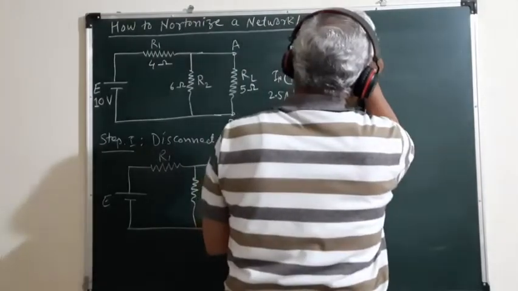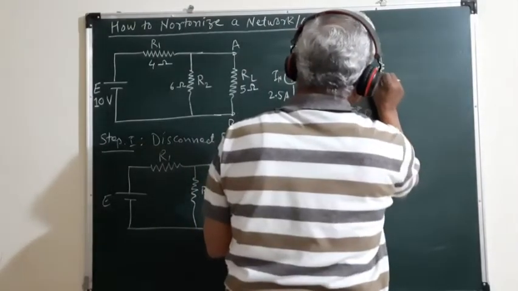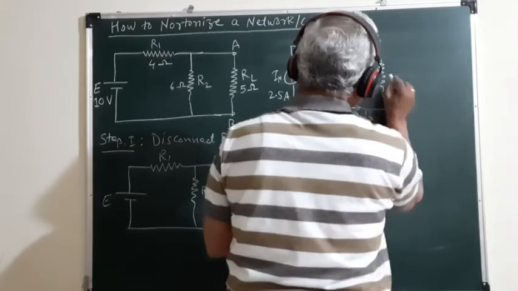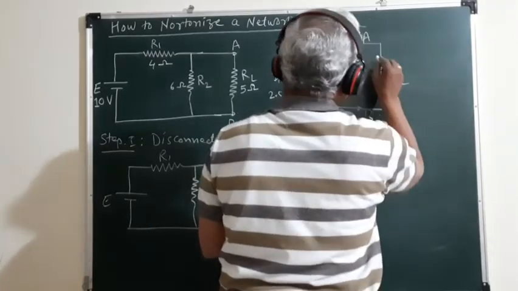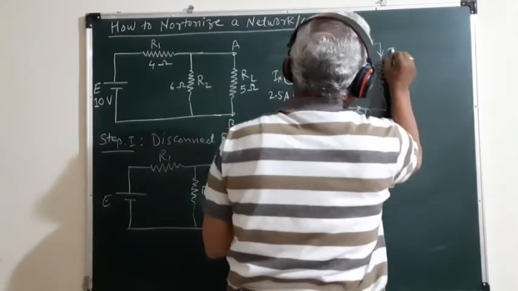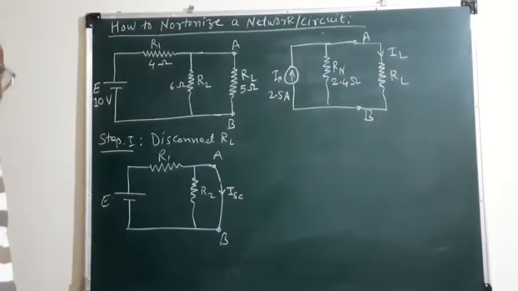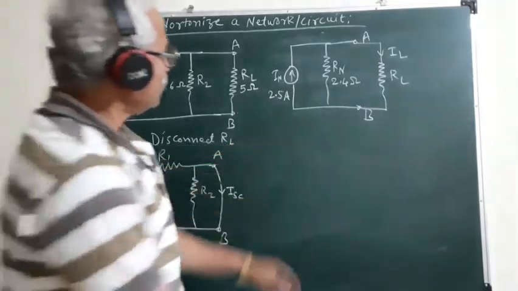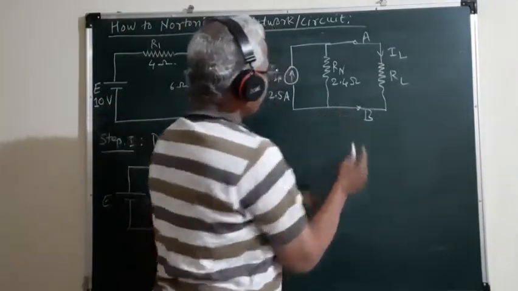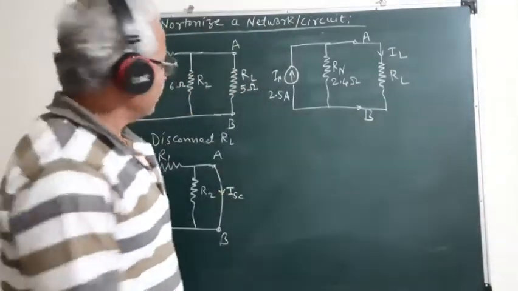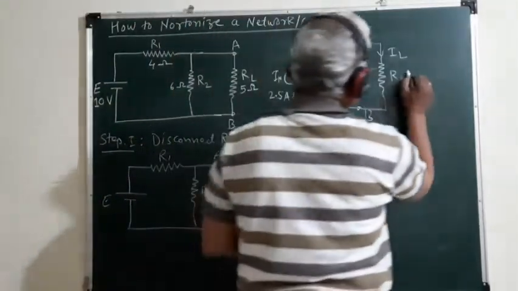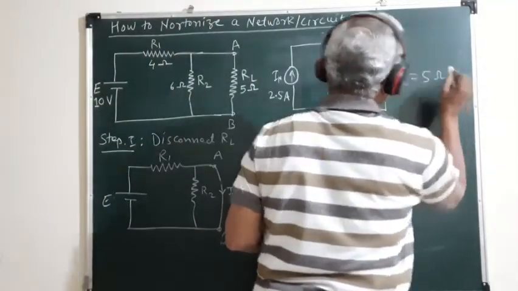Again, if we reconnect the load resistance RL between the terminals A and B, we can find the current IL flowing through this load resistance. The value of RL is given to be 5 ohm.